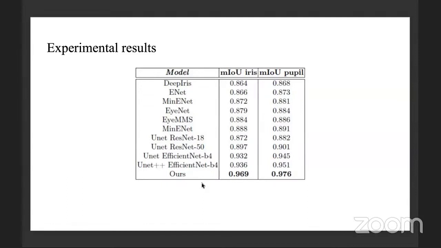We also have tried several additional variants of UNet in combination with ResNet and EfficientNet, and we compare it to our model, which is UNet with self-attention and specific loss function, and we show that our result is significantly higher than the present.